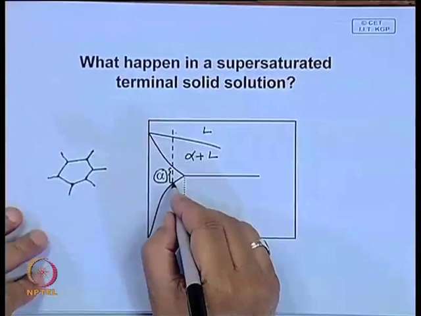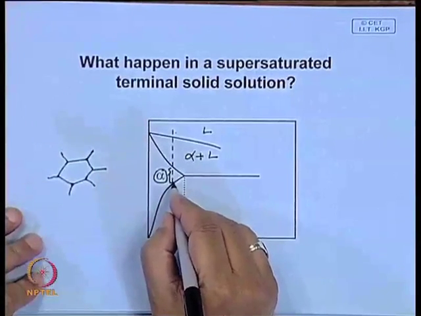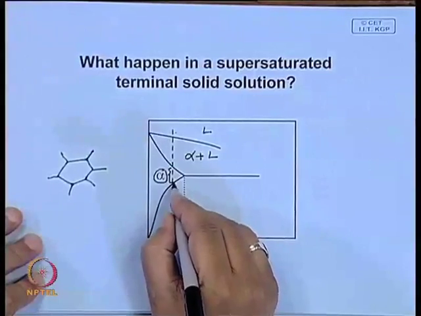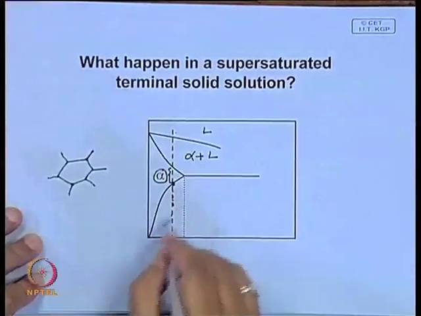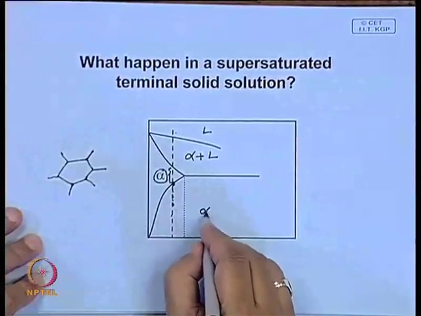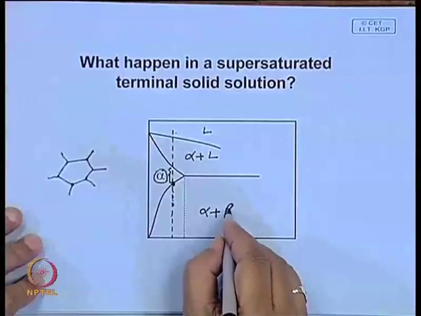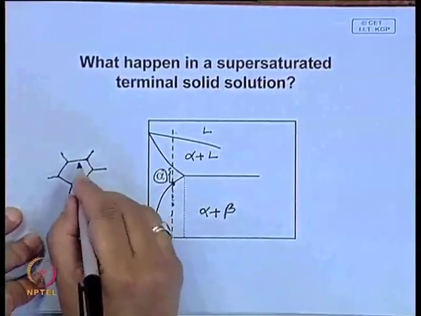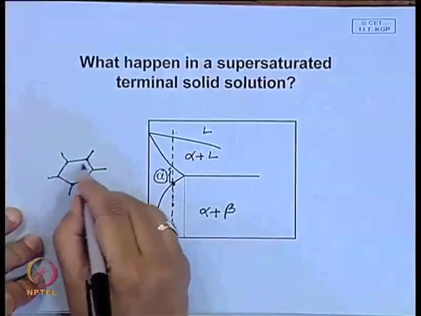Now, what happens when the temperature goes below this solubility limit? Now, here the stable structure is alpha plus beta. Now, beta will try to nucleate and we will see where it will nucleate.